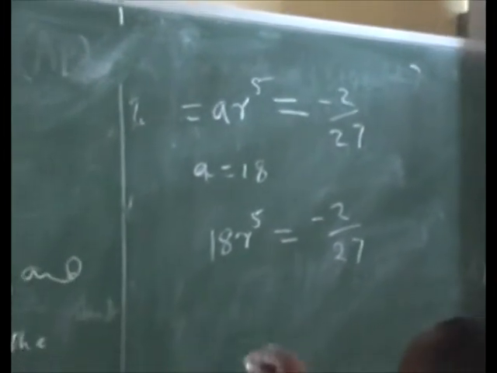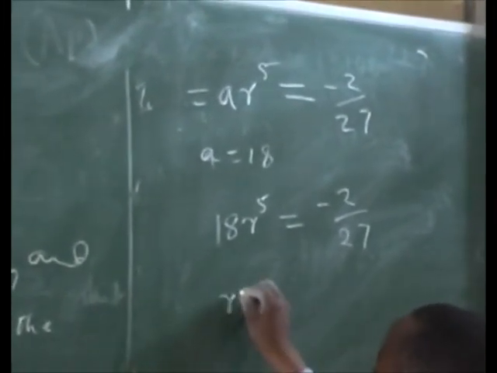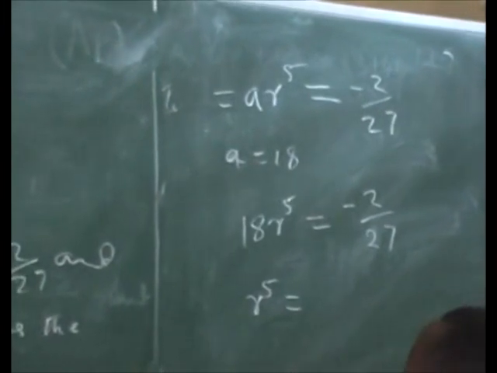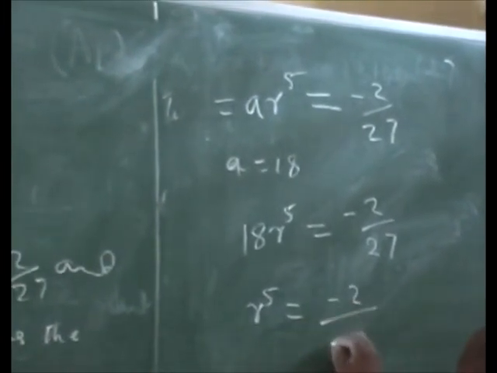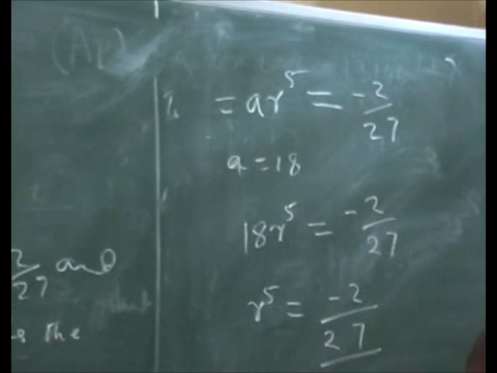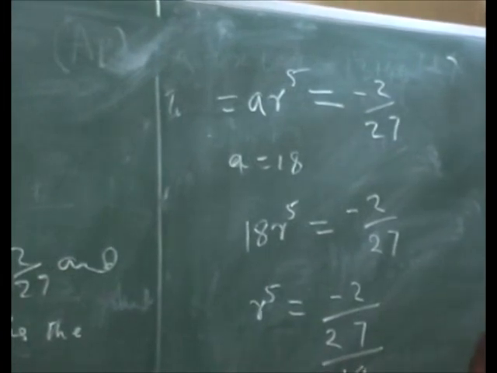Now it is the same thing as writing r raised to the power 5 is equal to minus 2 all over 27 divided by 18.